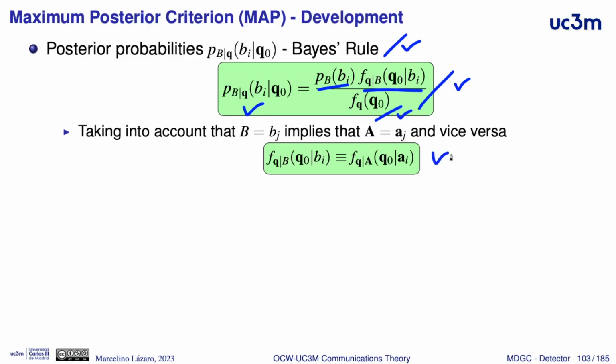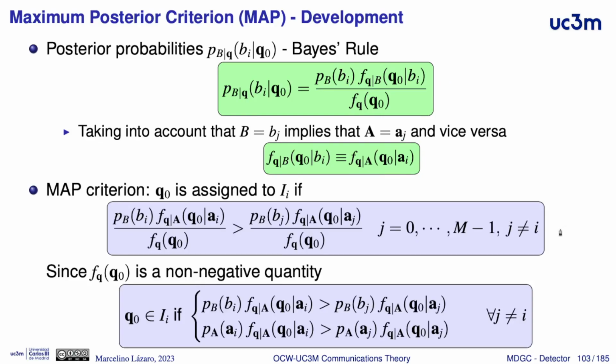And if we take into account that there is a unique association between the symbol of index J and the vector of index J representing the signal that is transmitted for this symbol, the conditional distribution of Q given B is equal to the conditional distribution of Q given A, given the transmitted symbol.